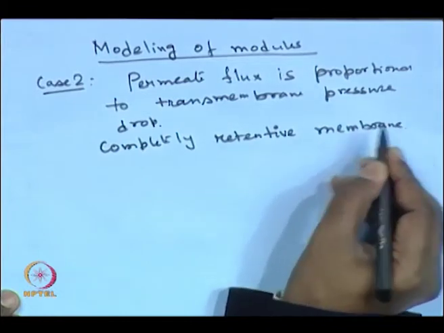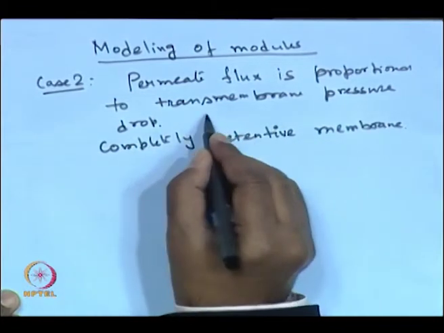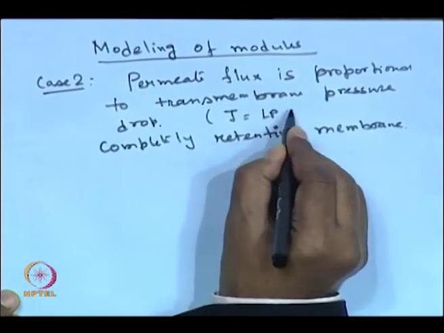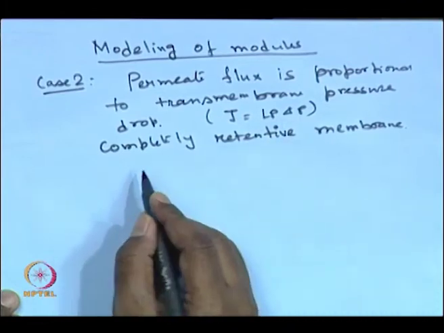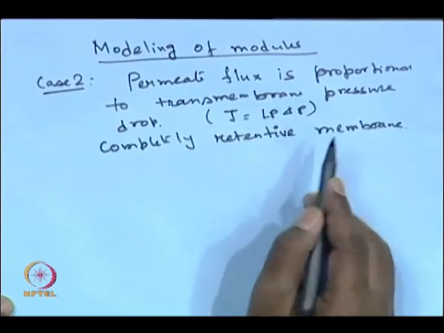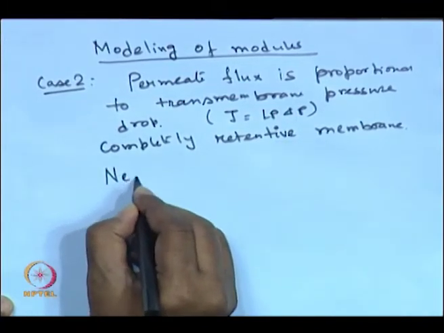That means Cp is equal to 0, and permeate flux is proportional to transmembrane pressure drop, meaning J is equal to Lp del P. That means we are neglecting the osmotic pressure compared to the feed pressure. That means negligible.